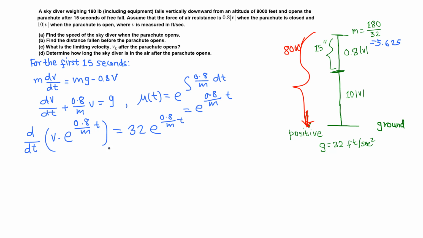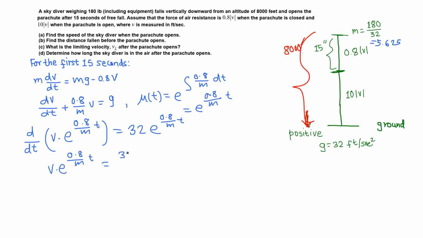Now integrate both sides with respect to t. Then v times e to the 0.8 over m t equals 32 divided by this number 0.8 over m, because when we integrate the exponential function, we divide by the constant.